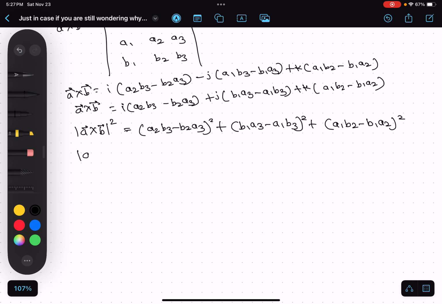Now the magnitude of a vector cross b vector squared will just be a2 squared b3 squared.